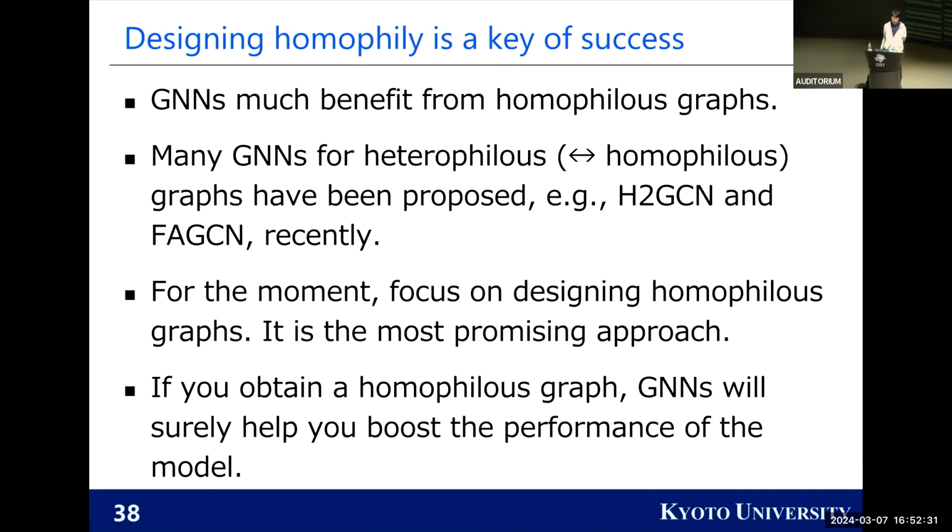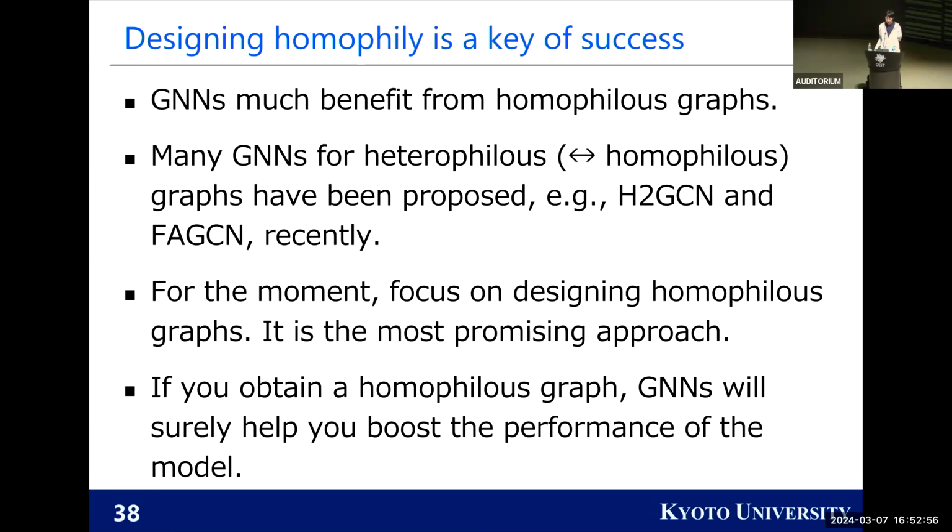But for the moment, basically the recommendation is to focus on designing homophilous graphs. This is the most promising approach. Yeah, you might benefit from heterophilous GNNs, but it may involve some hyperparameter tuning or many complicated procedures.